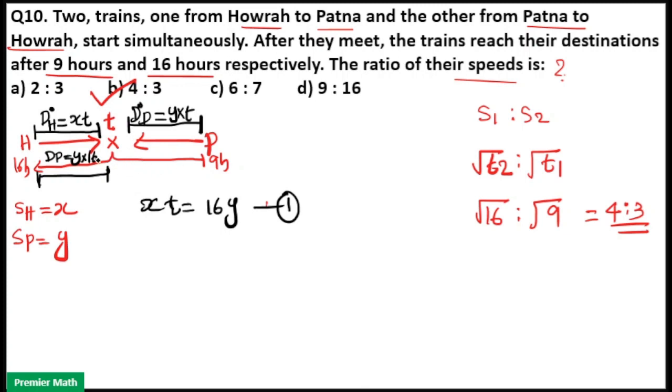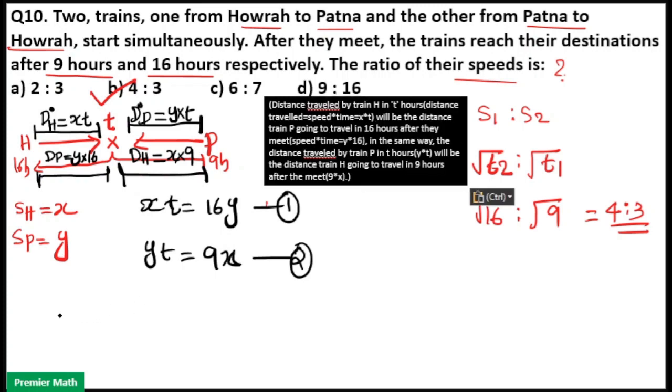And this will be the same as the distance travelled by the train from Howrah after the meet, that is dh after the meet, equal to the speed of the train into the time taken after the meet to reach the destination, that is 9 hours. Here I will equate both of these. yt is equal to 9x. This is our second equation. If you have any doubt, just read this.